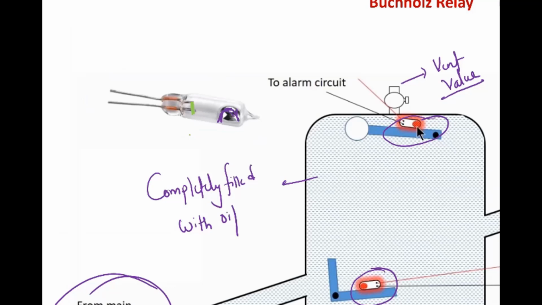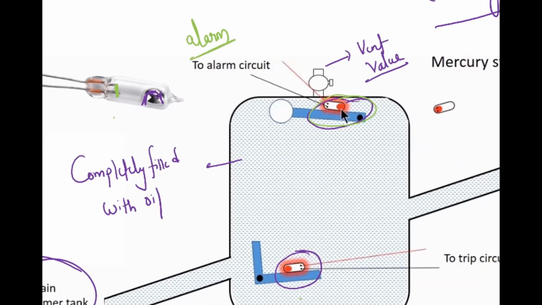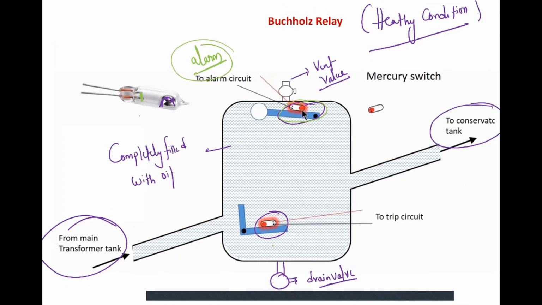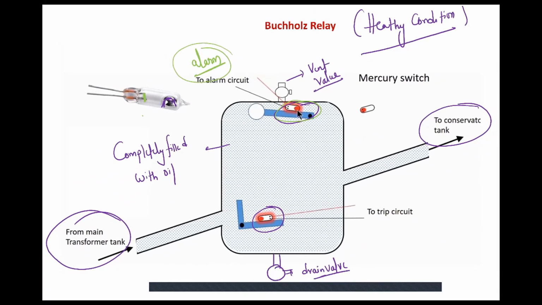So first, the top mercury switch will give the alarm signal. That means when only a small volume of gas is present inside the Buchholz relay, it will give an alarm. When the gas quantity inside the Buchholz relay increases, the second mercury switch will close and give the trip command. Understand? That is how they operate.